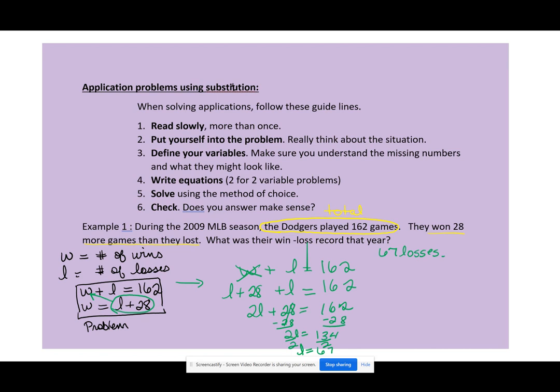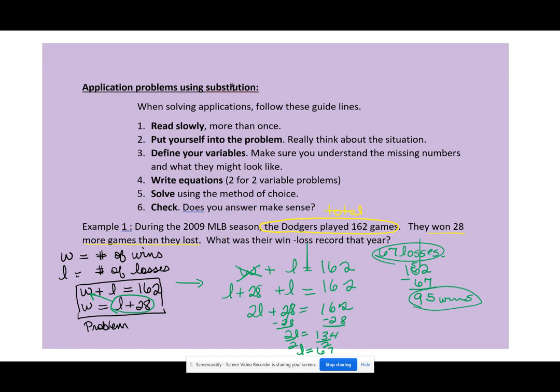So how many wins? Since wins plus losses equal 162, 162 minus 67 will give me my wins. That's 95 wins. So 95 wins and 67 losses. I hope that's right. Does that add up to 162?